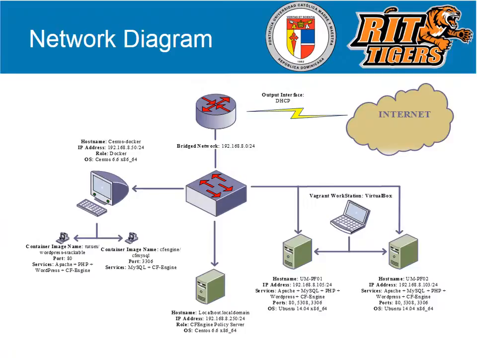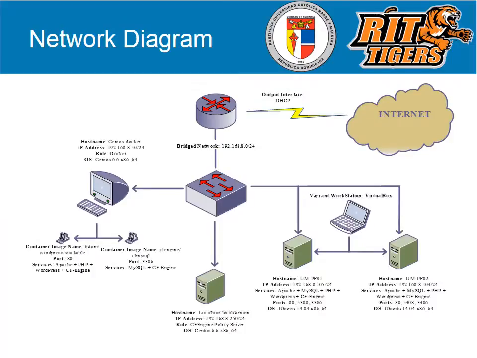The first one is our CFEngine policy server, which is used to push and monitor nodes' configuration in our Docker and Vagrant environment. Next, we have a Vagrant workstation with two Ubuntu servers deployed in VirtualBox, as Herman was talking about earlier, and both have Apache, PHP, MySQL, WordPress, and a CFEngine agent installed on them.